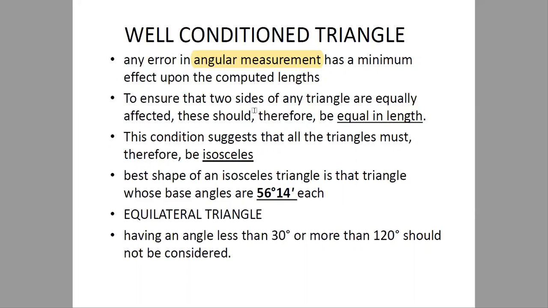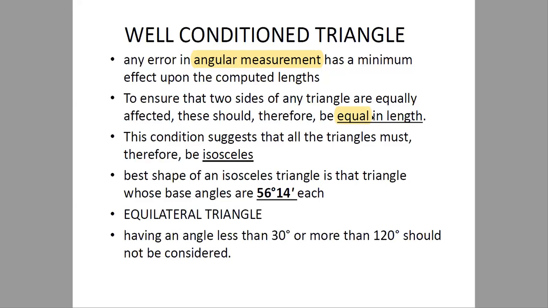Okay, so if we are calculating the other two sides using the angular measurements, then the effect of error in angular measurements will be divided equally in both sides by keeping the length of these sides equal. Okay, equal in length.